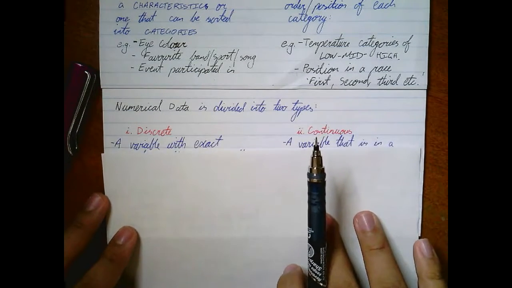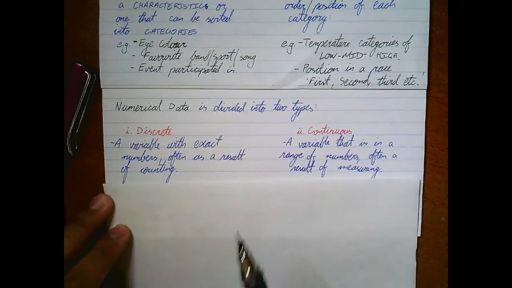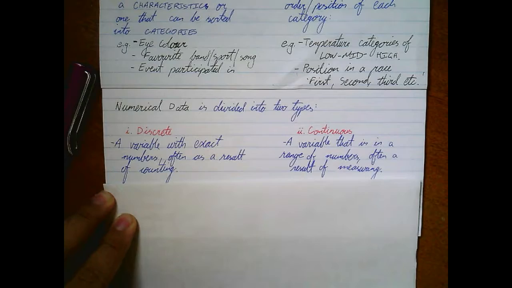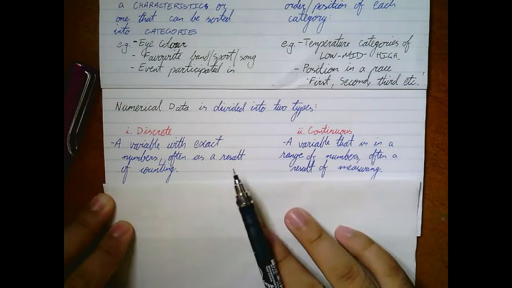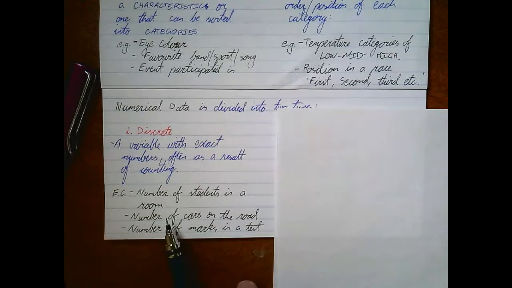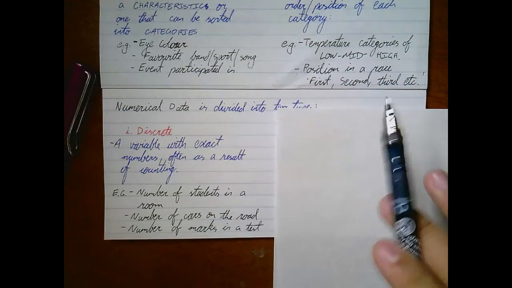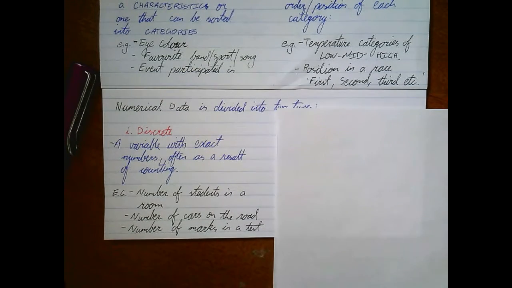Discrete is a variable with exact numbers, often as a result of counting. An example of that is the number of students in a room. If I started counting students in the room, I would get 1, 2, 3, 4, etc.